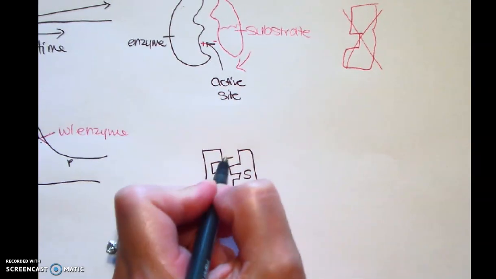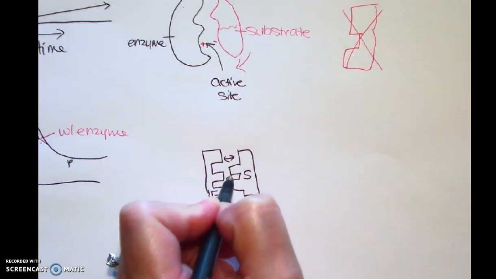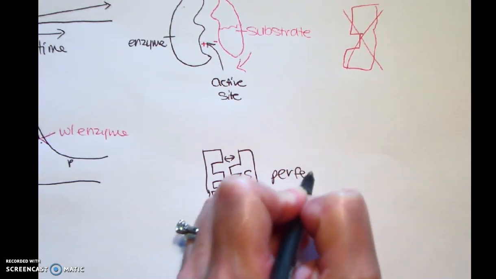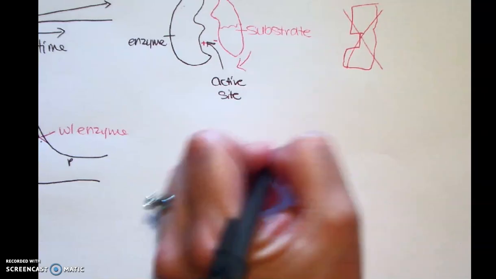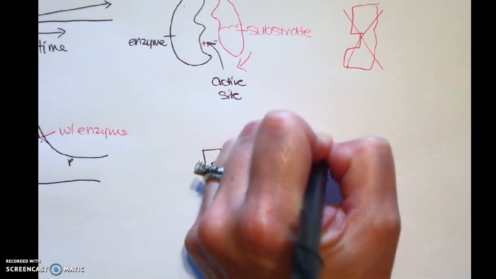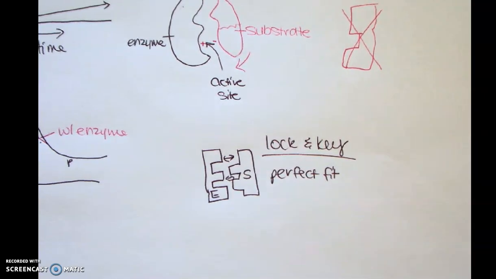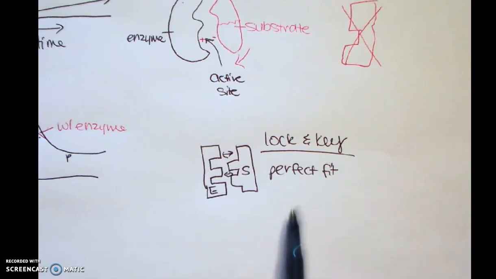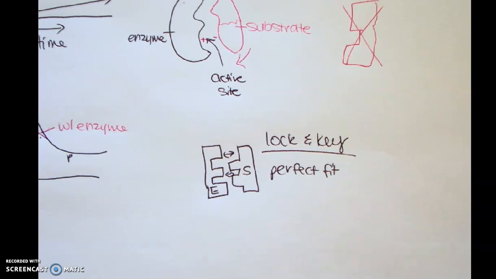Okay, and so they literally fit together with a perfect fit. Okay, that's the lock and key. Just like your key to your house fits only your lock. Hopefully, if you took your key to your neighbor's house, it's not going to open their house. So that's what it means. It's a lock and key. It's a perfect fit, and it doesn't fit other things.